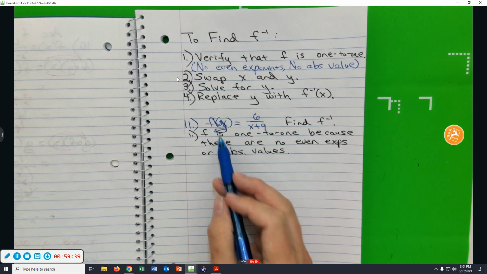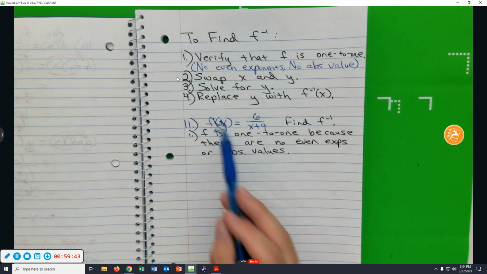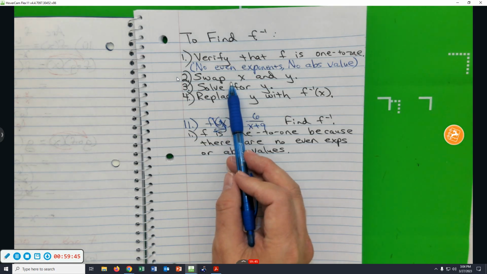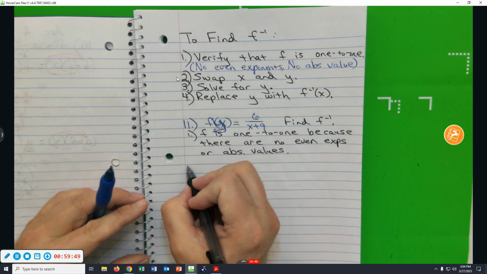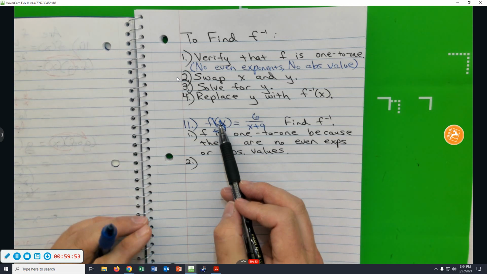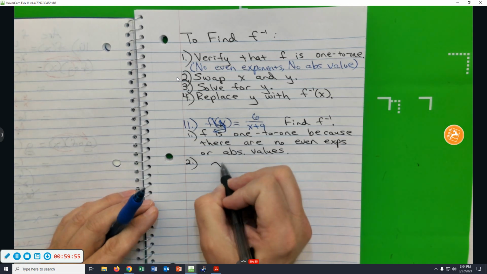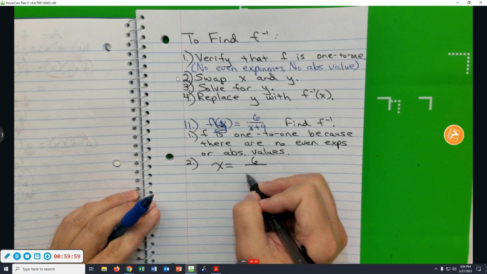So we're going to swap x and y. The y, that messy y that I have there, becomes an x, and the x becomes a y.